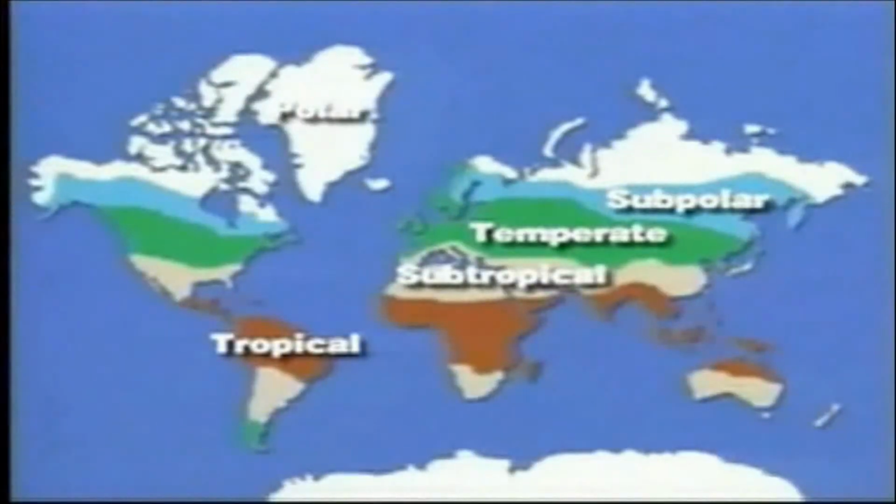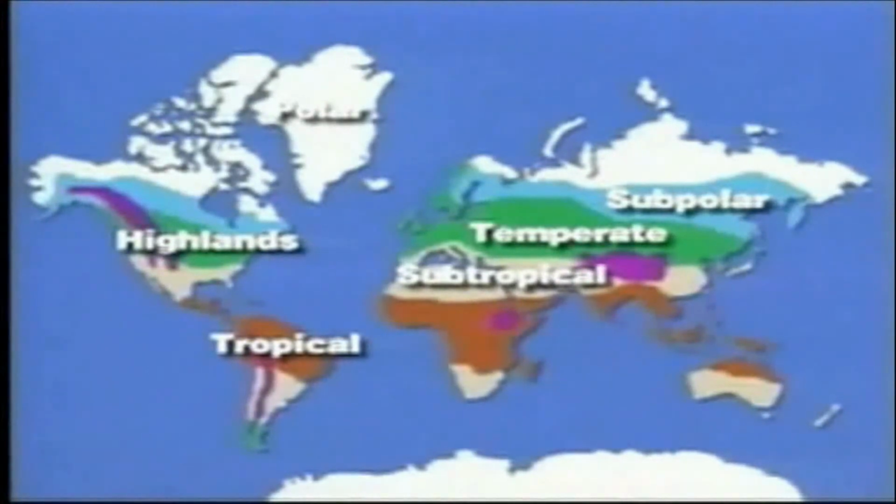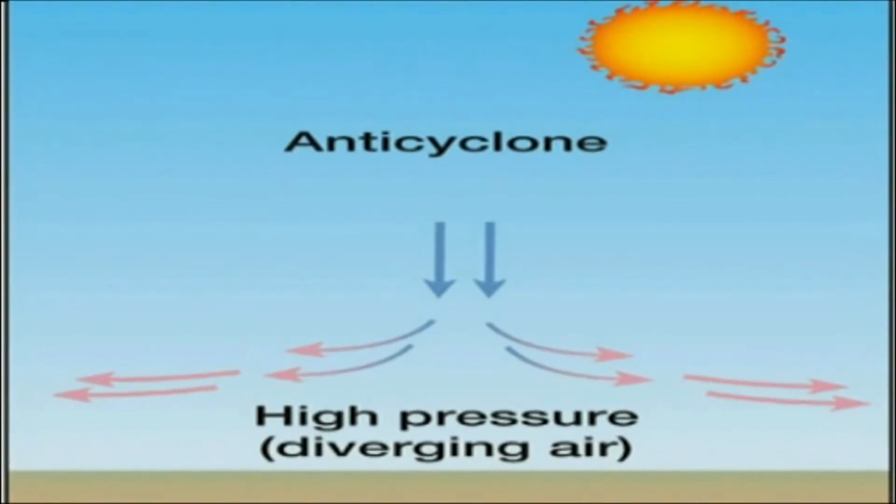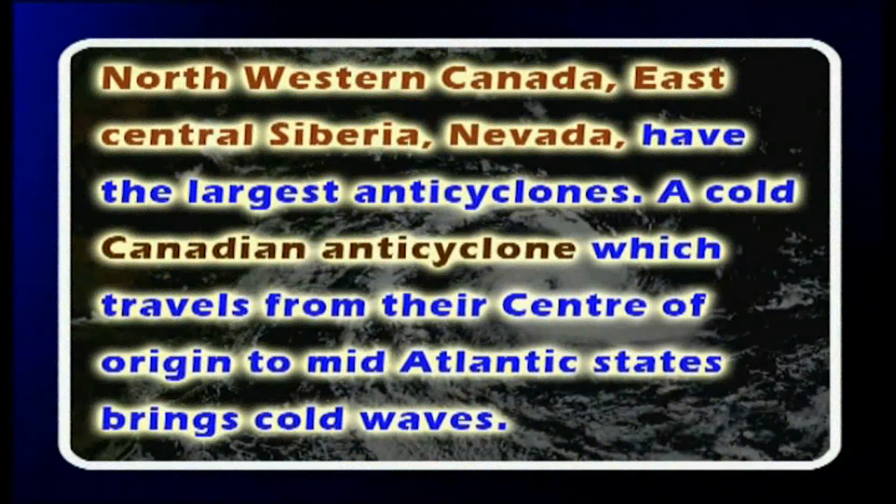In summer, the air of tropical or subtropical origin produces extremely high temperatures called heat waves. The range of temperature is bound to be large. Anticyclones are concentrated in two regions: northwestern Canada and east central Siberia have the largest anticyclones.